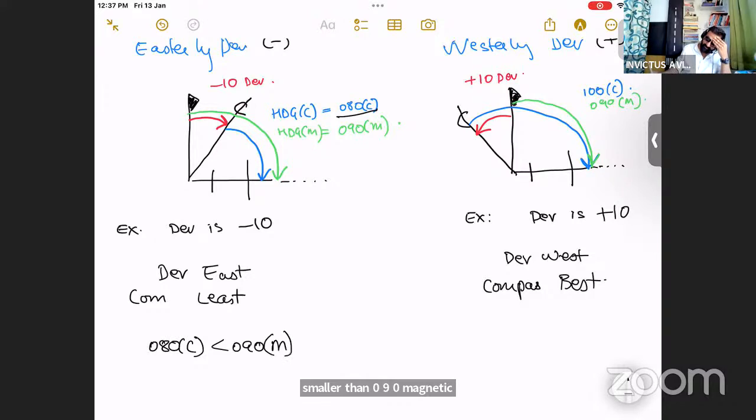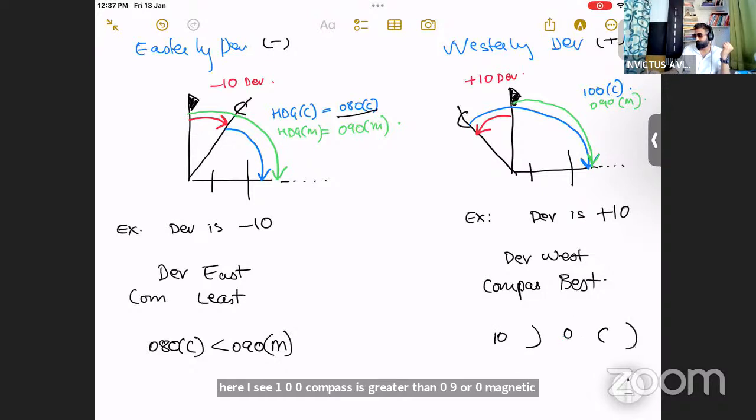And here I see 100 compass is greater than 090 magnetic. Done.